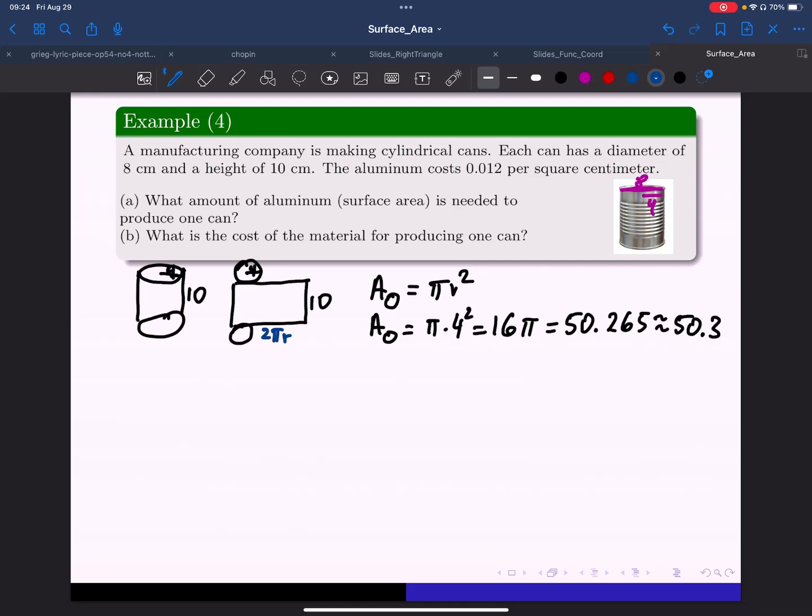My R is 4, right? So the area of that rectangle is going to be equal to pi, my R is 4, times, this is just the length, 2 pi R is just the length, times the width, so we need to multiply this times 10.